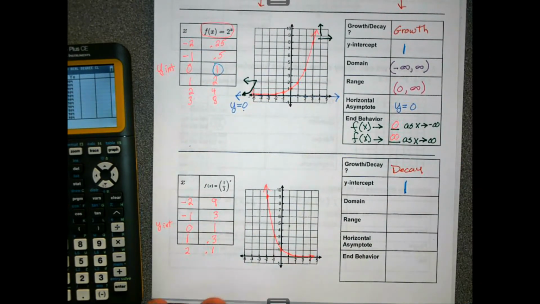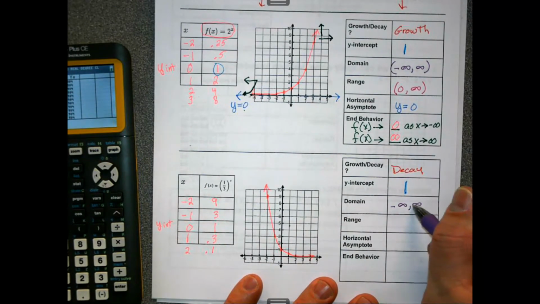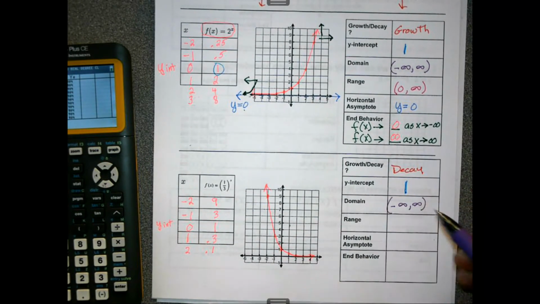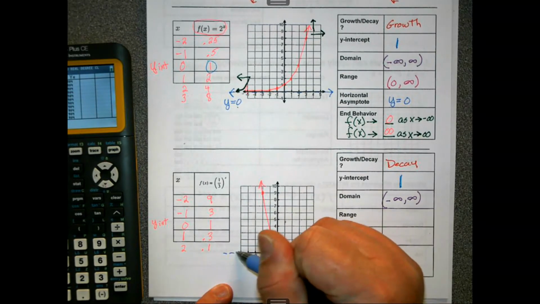Domain, in fact, for our growth and decay models or graphs for this class, your domain's always going to be negative infinity, positive infinity. Same thing can be said for growth. Range, well, again, we got that horizontal asymptote here.